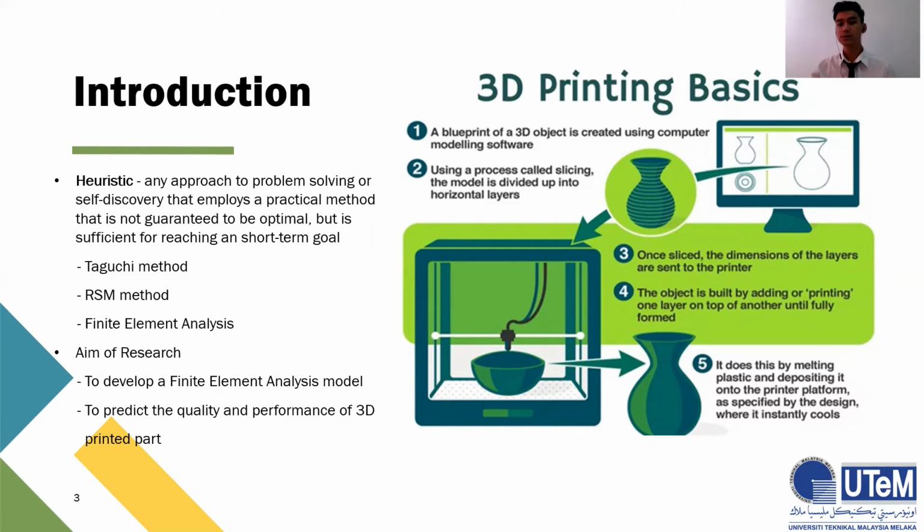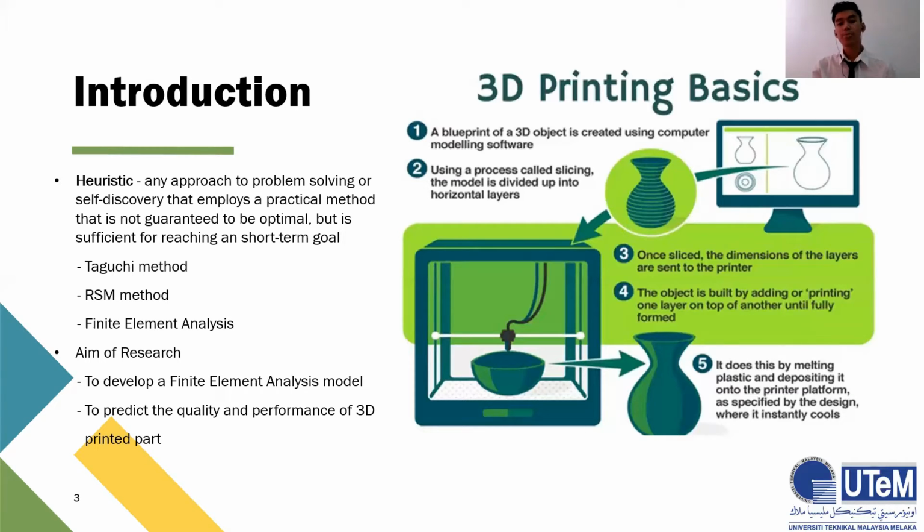Next, once the software slices, the dimensions of the layers are sent to the printer. Then we can set the parameters by ourselves, for example, we set the infill percentage of the desired part to 100%, 50%, and anything else.